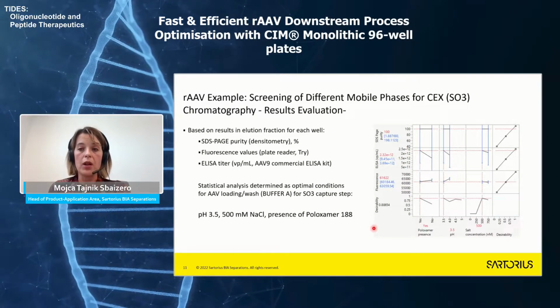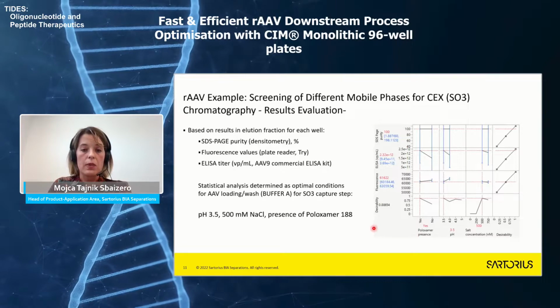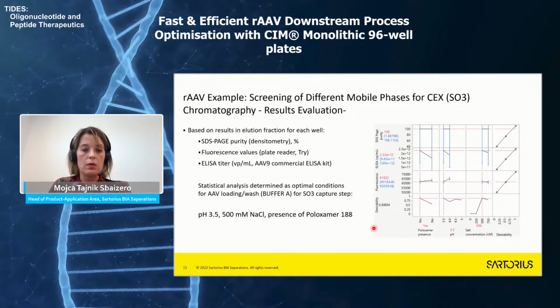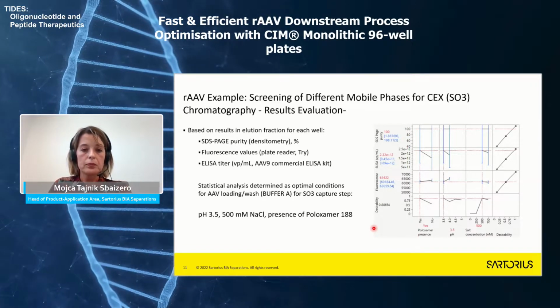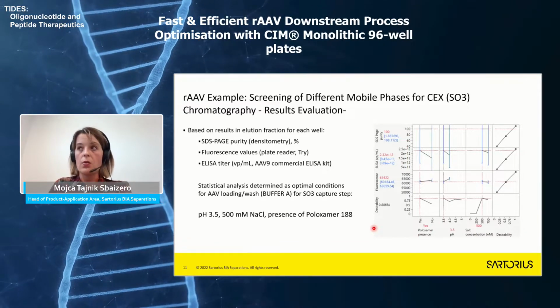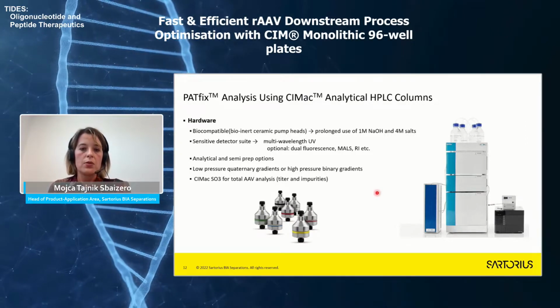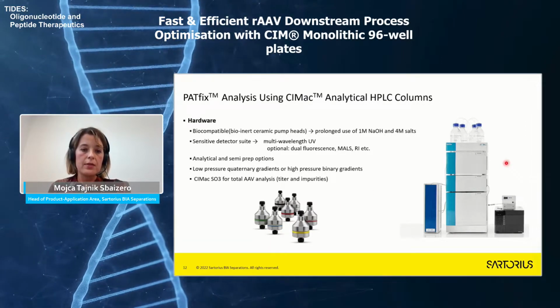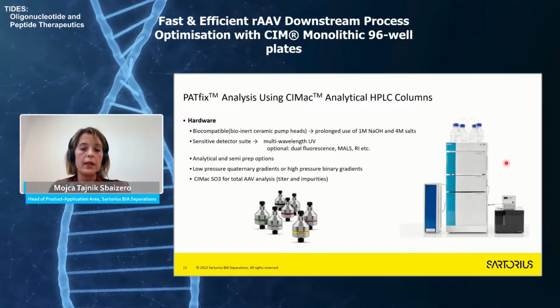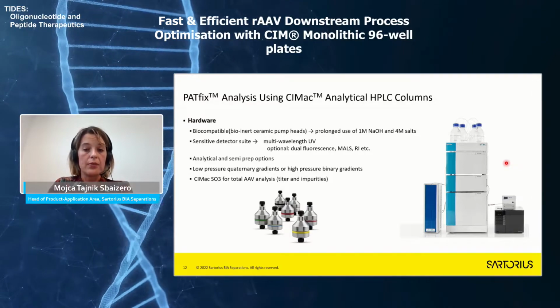These molecular biology techniques took us quite a long time to perform for all the elution fractions. So we thought about whether we could do this in a faster way. We took the HPLC PATFIX system and our in-house CX AV quantification method.